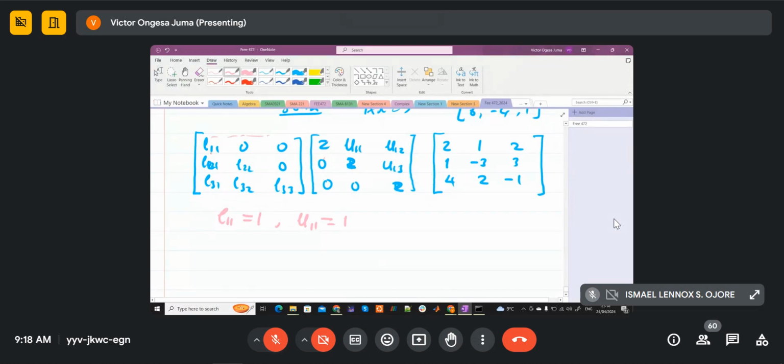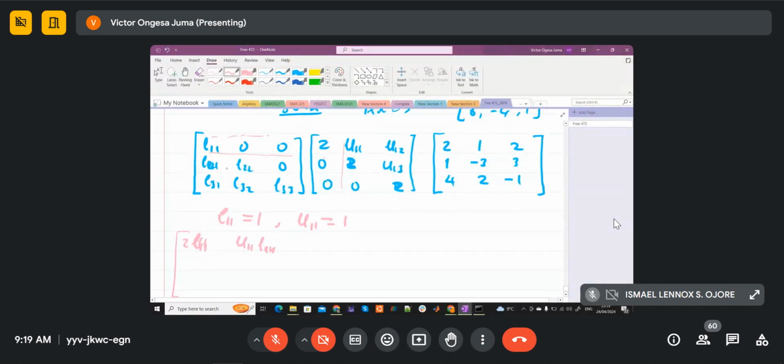I'm just taking this, multiplying by this. If you are not sure, just multiply them, put aside, and then start equating. You can form the whole of this matrix, which will be 2, L11.